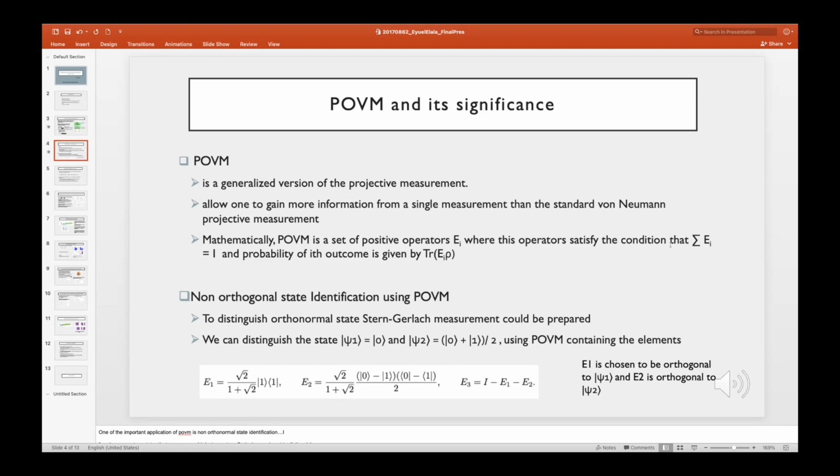Maybe that's from the condition that E3 is a positive operator. I think there might be an upper bound, but that's a guess. There are some conditions for these operators, right? They have to be positive semi-definite, and they have to satisfy this condition.